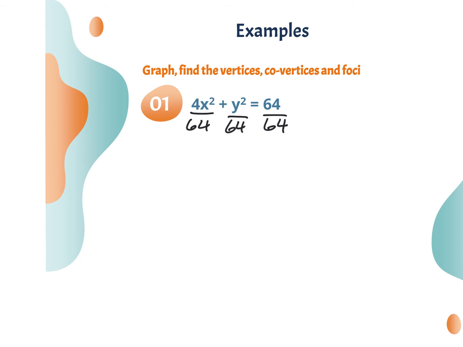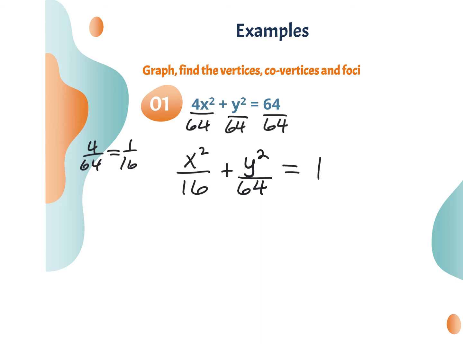Because if you think about it, this first fraction, 4 over 64, is going to simplify to 1/16. So this becomes x squared over 16. I don't have to put the assumed 1 here. You can leave it off. And then this one, nothing to simplify, so you just leave it as y squared over 64. And then 64 divided by 64 is 1.